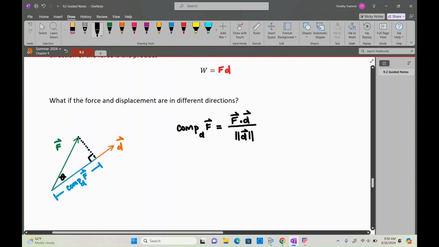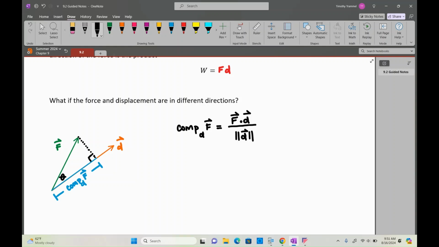And we can do a little bit more here. This is just how much of that force was in the direction of the displacement. I still need to multiply by our displacement, specifically the magnitude of our displacement.